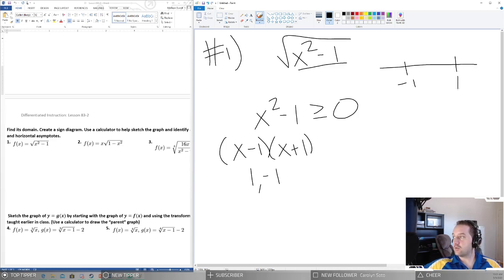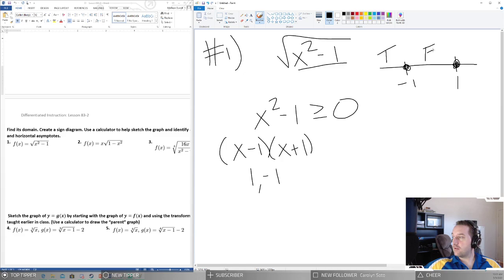And we have to test true or false. So if I plugged in negative 2, negative 2 squared is 4. 4 minus 1 is 3. 3 is greater than 0. If I plugged in 0, 0 minus 1 is negative 1. Negative 1 is not greater than 0.